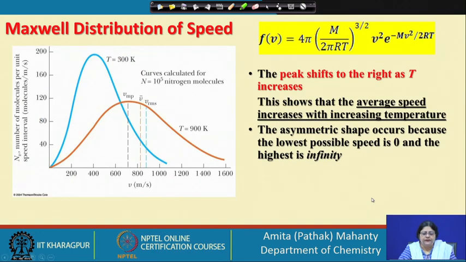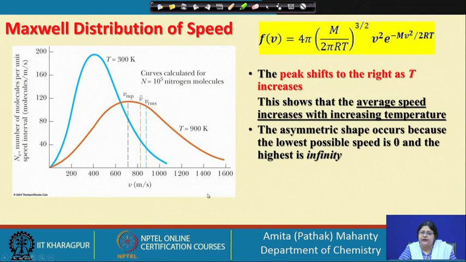Okay. Now, let us see how the peak shifts. As you increase the temperature of the system, this is the peak here, the peak shifts to the right side, and right side means you are towards higher speed.